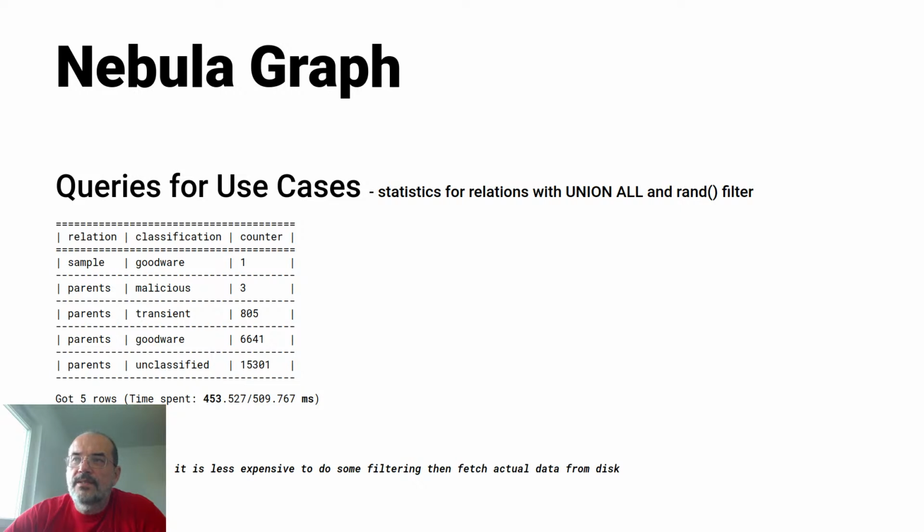Yeah, the answer is yes. It is less expensive to do some filtering than fetch actual data from disk. And we are covered here with all the types of classification. So the subset is giving us enough information to be able to proceed with that result.